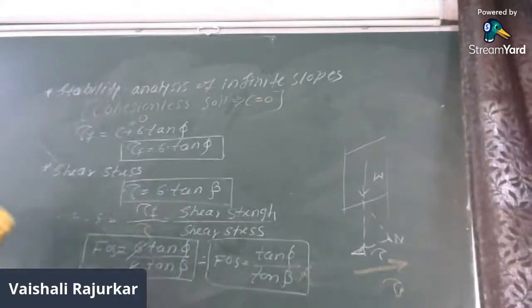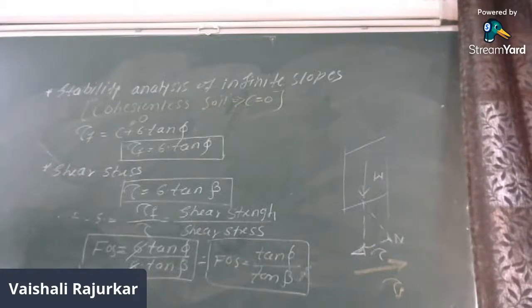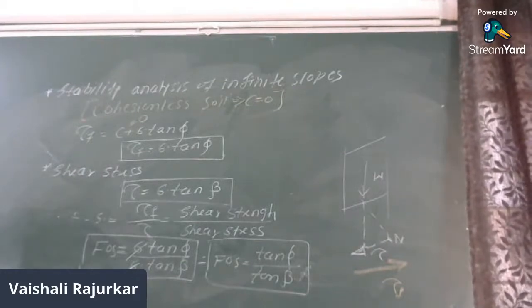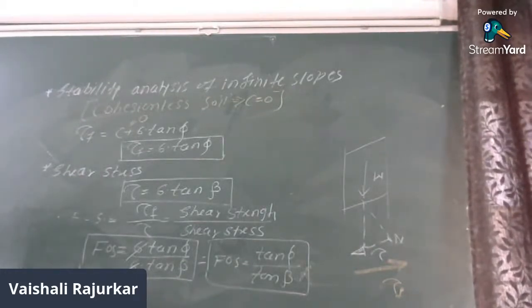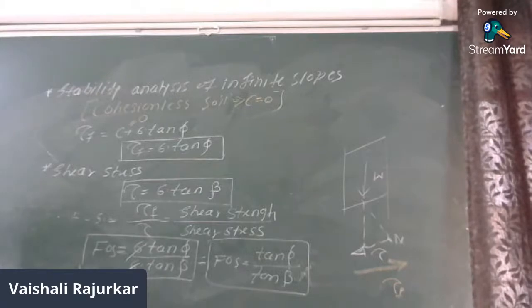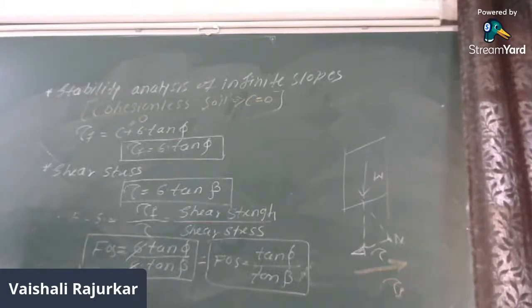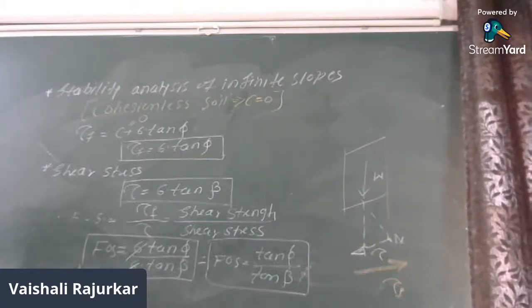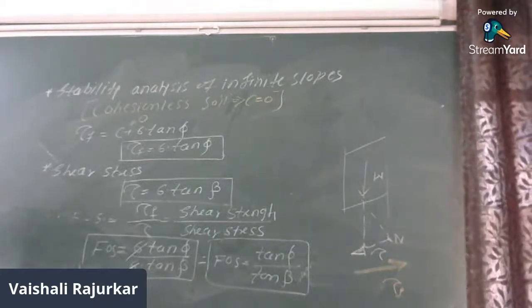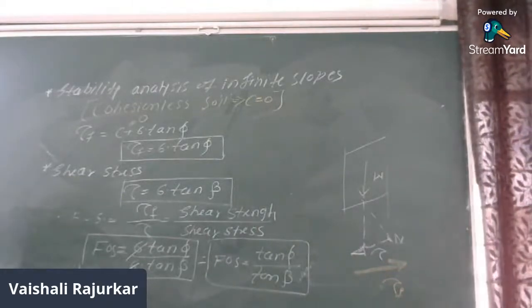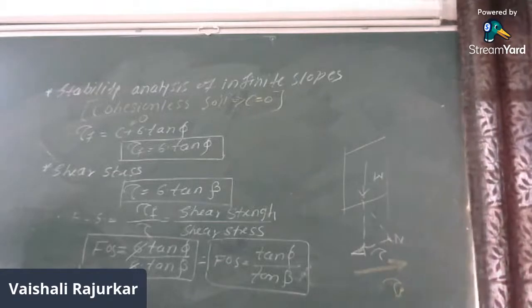This is the first case, where we have considered the soil mass as a homogeneous soil mass, a completely cohesionless soil where the value of C is taken as 0. Right?